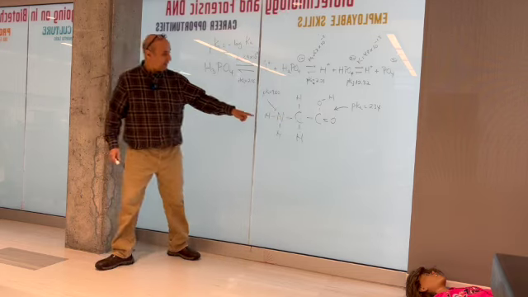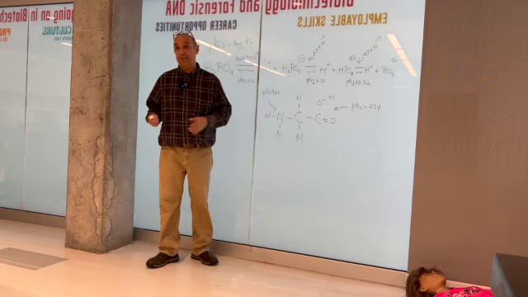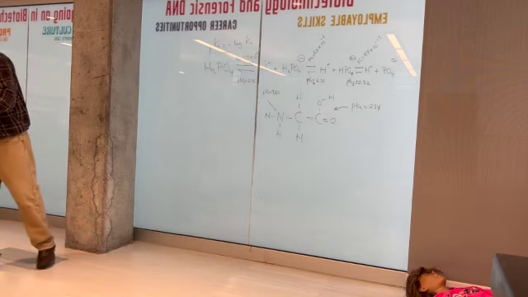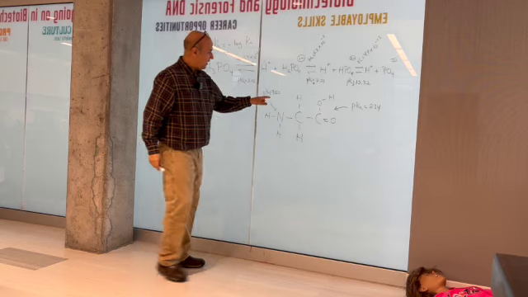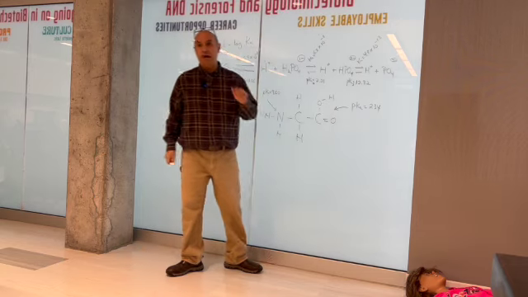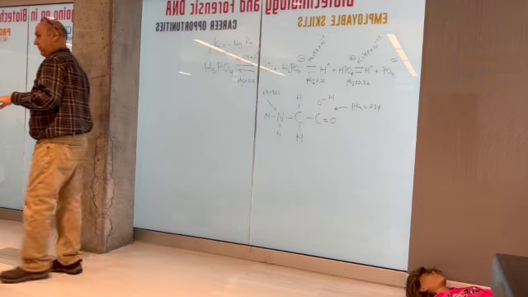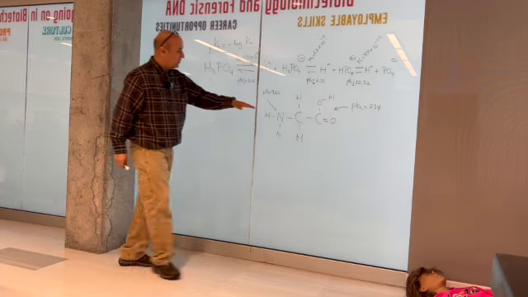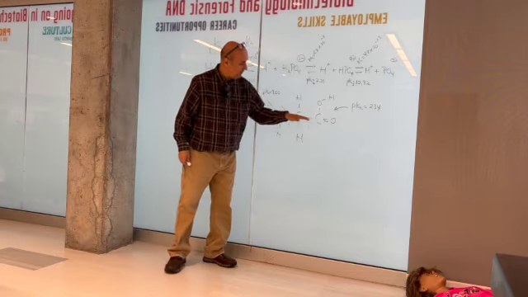That structure that I have here does not exist. It cannot exist. And it cannot exist because of what we just said, the pKa values. So at pH 7, physiological pH, what would you think is the structure of this amino acid?